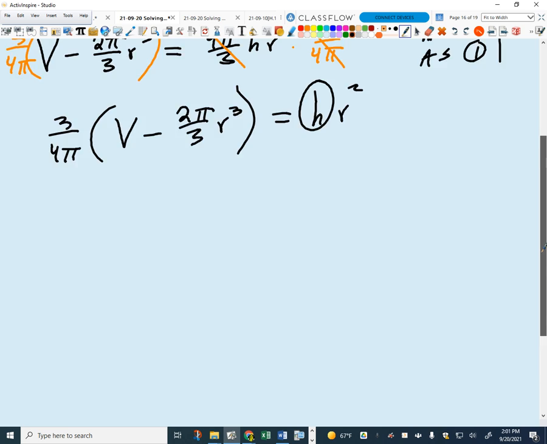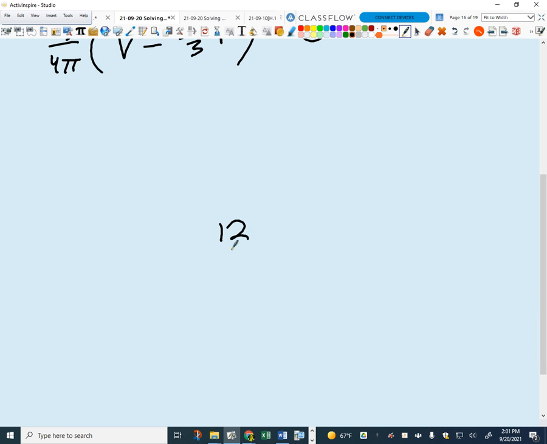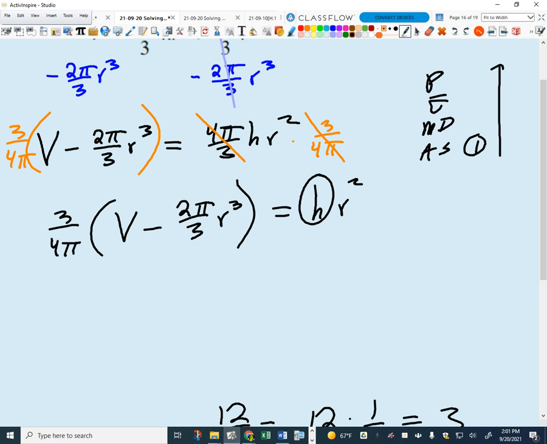Prove it to you. Like if I have 12 divided by 4, that's the same thing as 12 times 1/4. They're both equal to 3, aren't they? Everybody agree? So in this case, it might actually be more convenient, rather than dividing by r squared, because I've already got a fraction here, let's multiply by 1 over r squared.